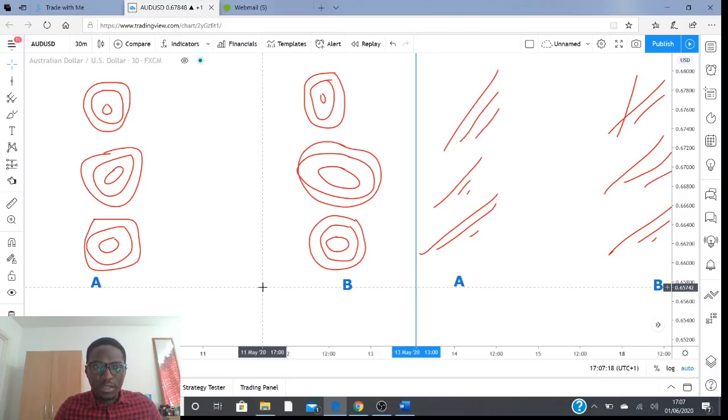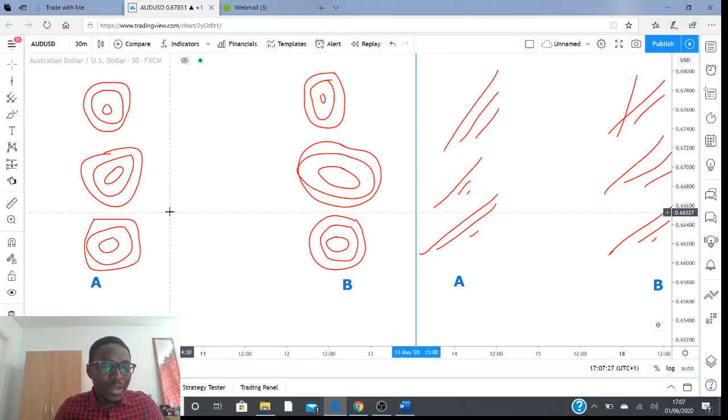looks perfect? We clearly know that none of these pictures are perfect. For example, if you're looking at the set of diagrams on A, we can see that none of the circles are perfectly identical to each other.